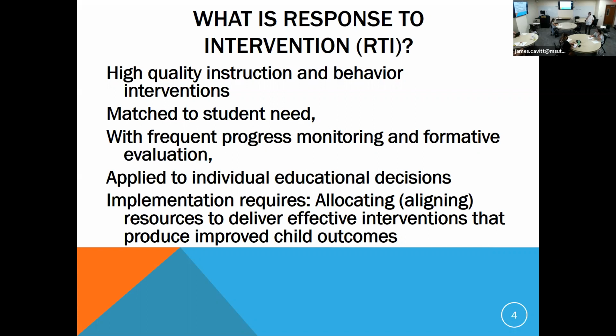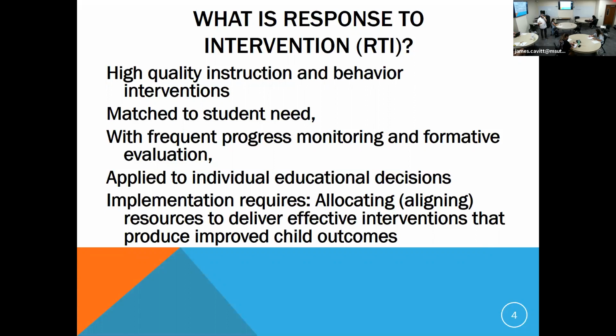What does that mean? It has studies behind it. Independent studies. So they have to have been proven not by a company that's building that intervention, but independent of the company to prove that it's an effective strategy.